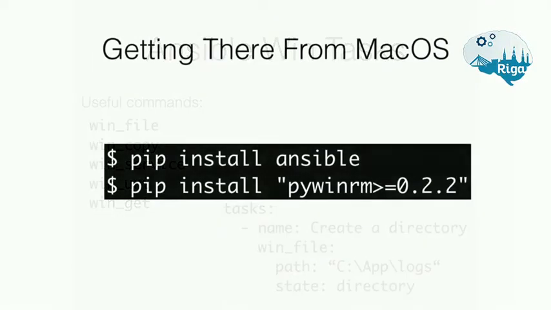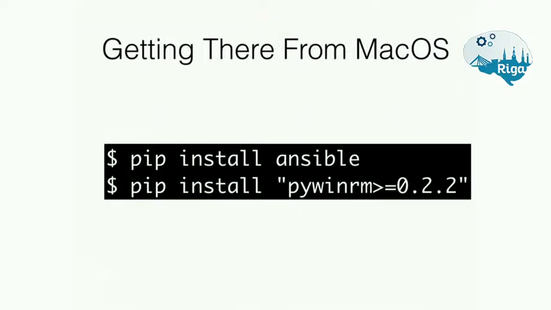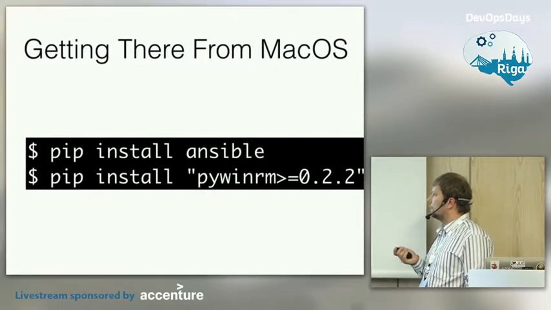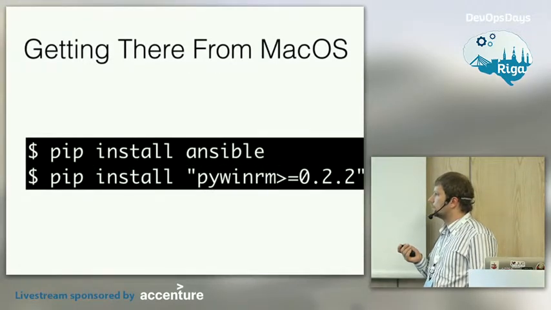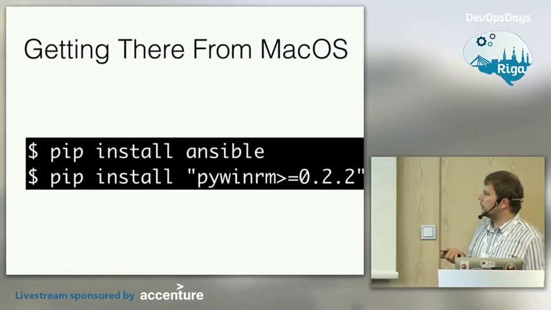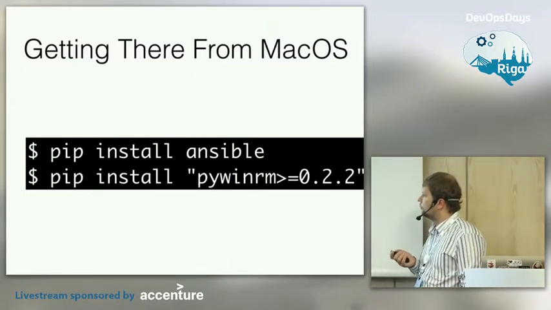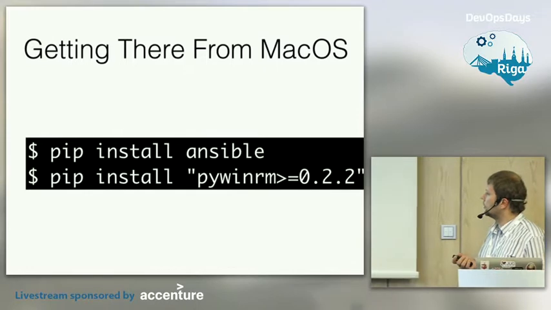And it usually works. So in order to run an Ansible script from Mac and connect to a Windows machine, the documentation states that I need to install some dependencies. In addition to installing Ansible, I need to install a Python module called pywinrm. RM probably for rm command.